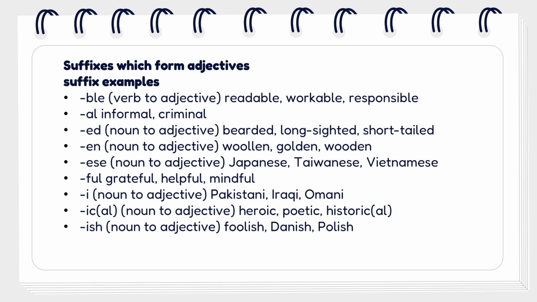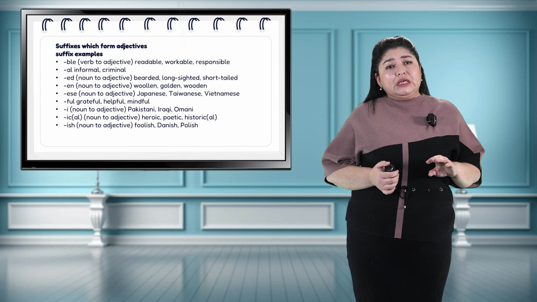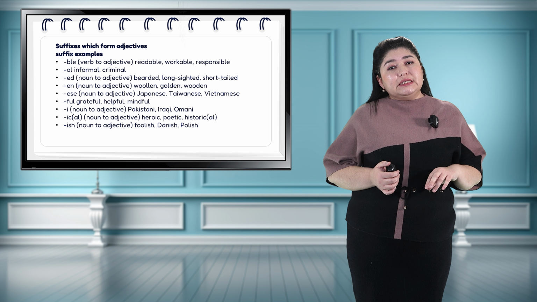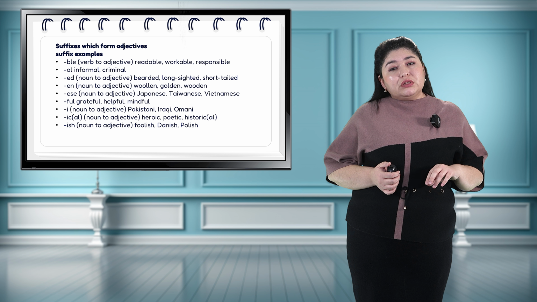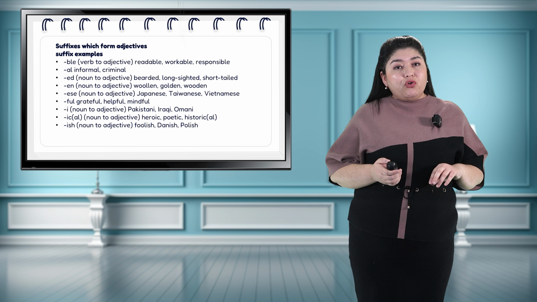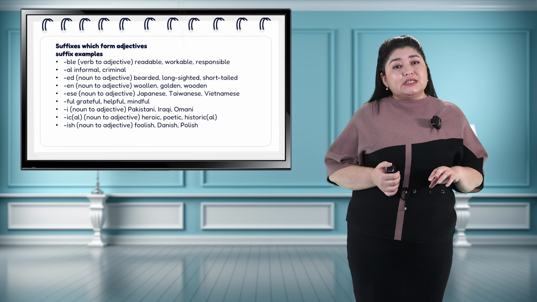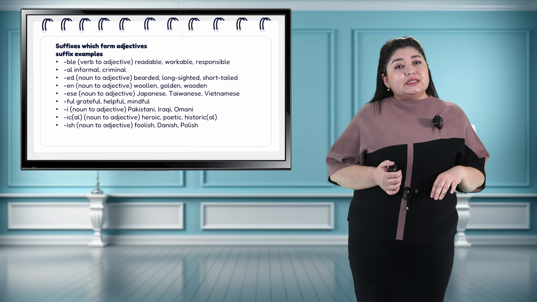Suffixes which form adjectives, suffix and examples: able, for example, readable, or workable; or ed: bearded, long-sighted, short-tailed; or ish: foolish, Danish, or Polish, and so on. Less: childless, priceless.